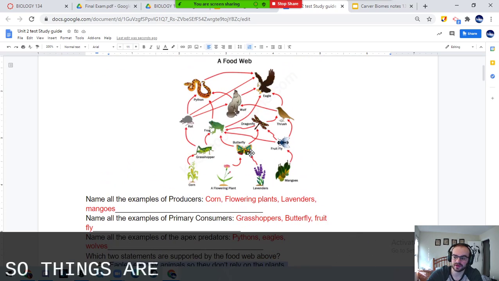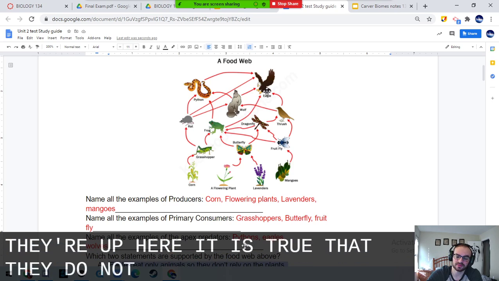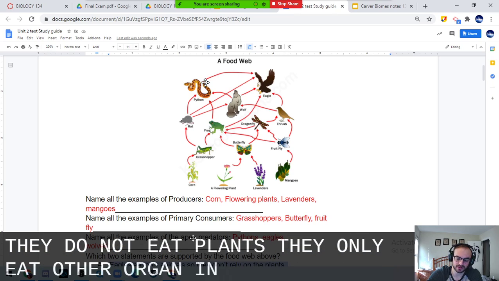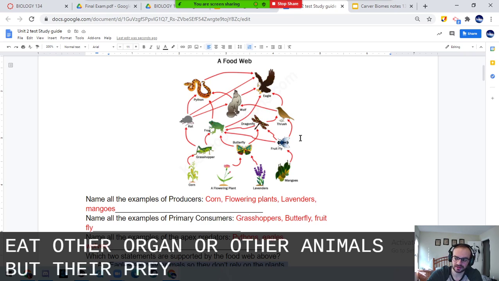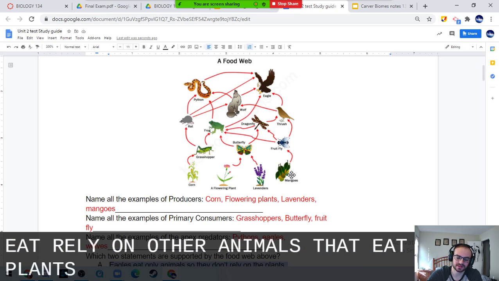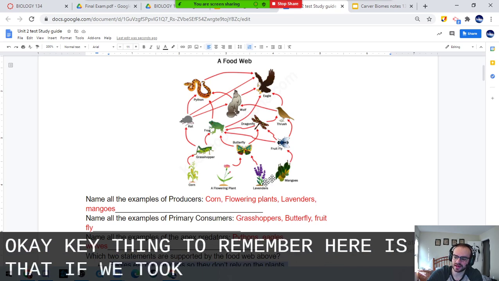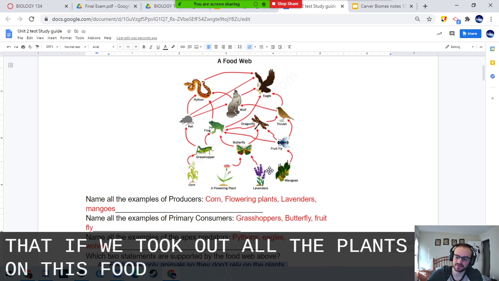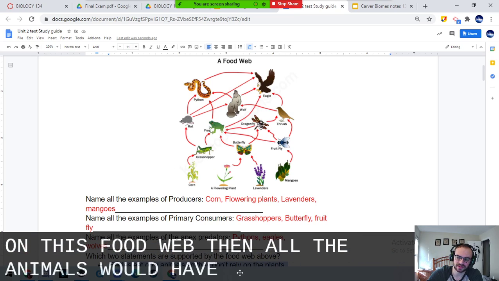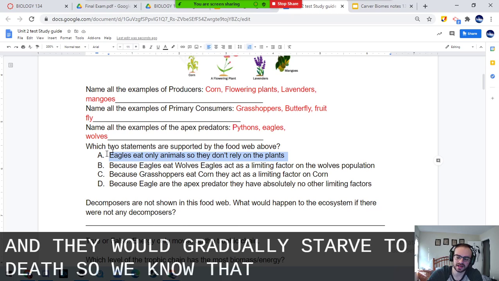Remember, eagles are up here, and it is true that they do not eat plants. They only eat other animals. But their prey rely on other animals that eat plants. If we took out all the plants on this food web, all the animals would have nothing to eat and they would gradually starve to death. So we know that A is wrong.